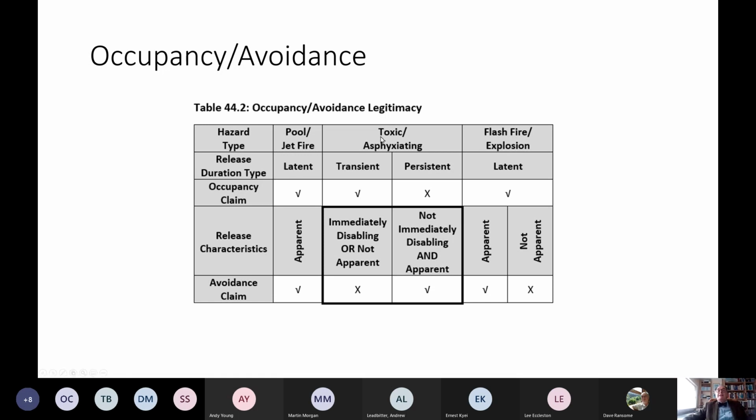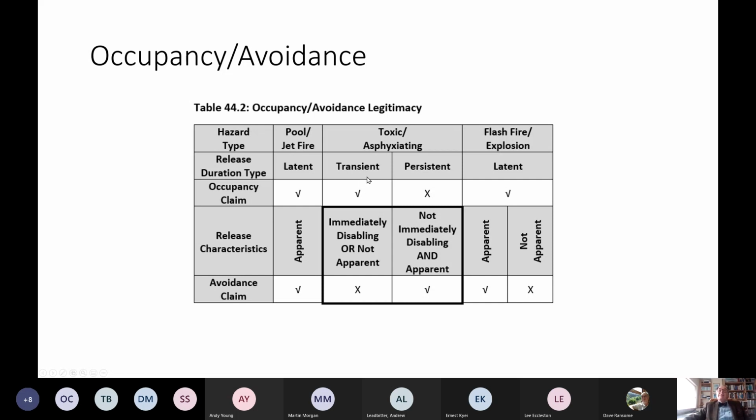If the hazard, rather than explosive, is toxic or asphyxiating, then I'm making the distinction here between a transient, relatively short-lived hazard duration and a persistent one. If it's persistent, as per my little sketch, then no claim of occupancy can be made, because the expectation is that at some point somebody will encounter that hazard.